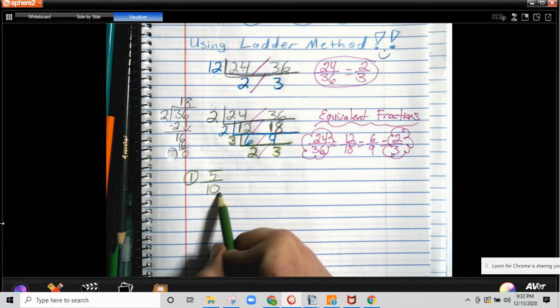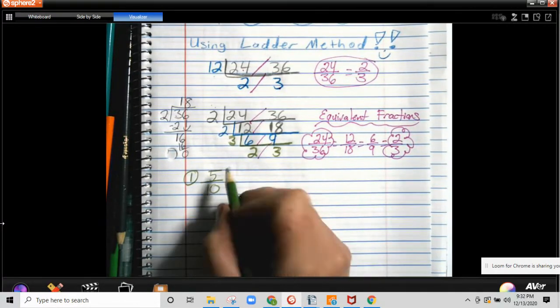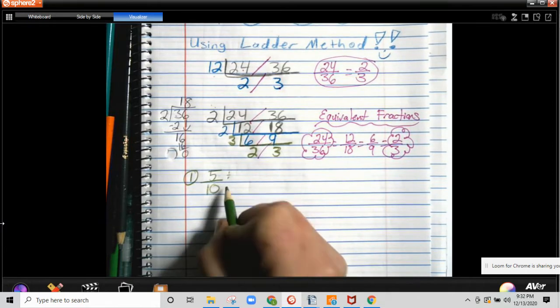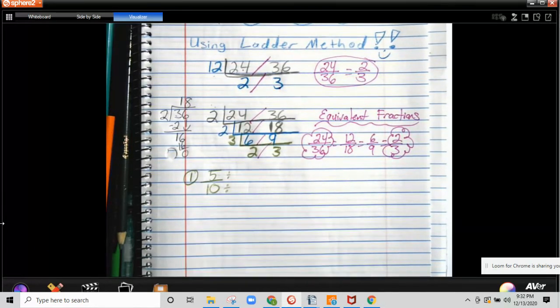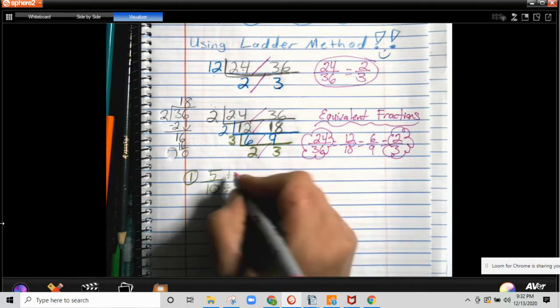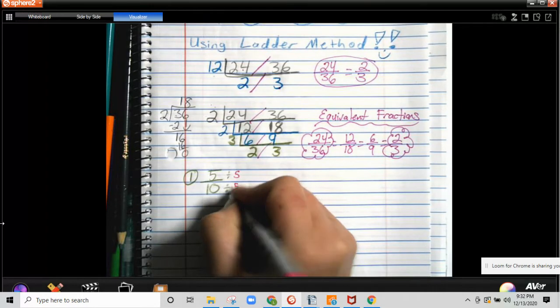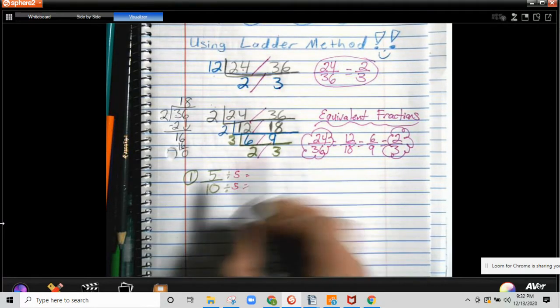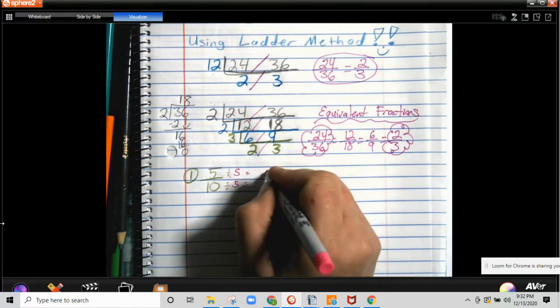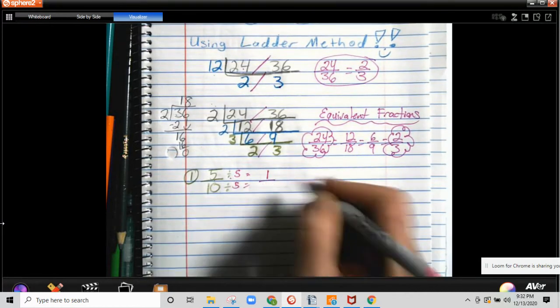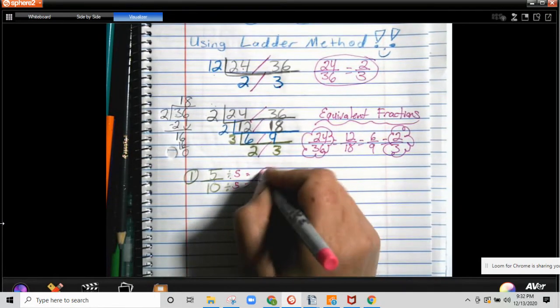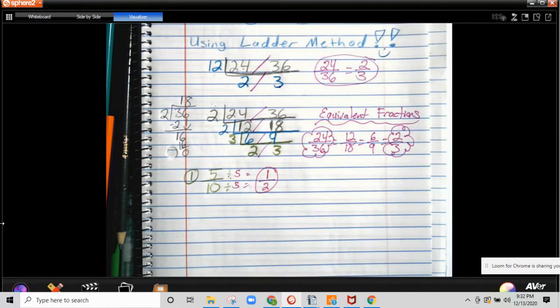I know that 5 goes into 10. So I'm going to divide both of those by 5. 5 divided by 5 is going to be 1. 10 divided by 5 is going to be 2. Simplest form, just like that.